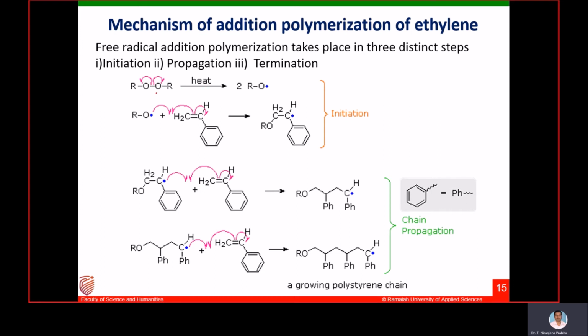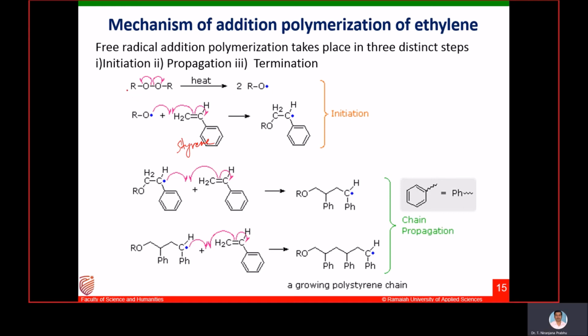One example we will take here, styrene getting polymerized. This is styrene molecule, CH2 double bond CH C6H5. Okay, this is styrene. I will take another simple example after this and explain with ethylene.